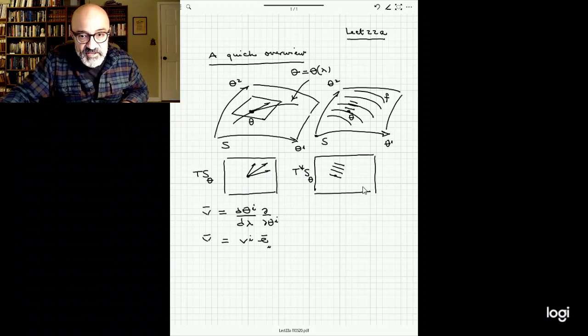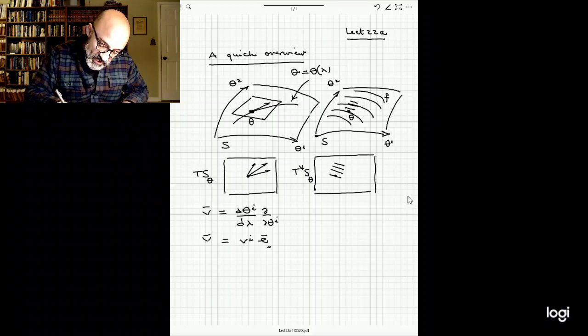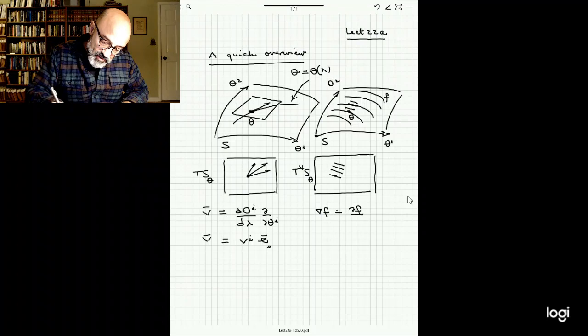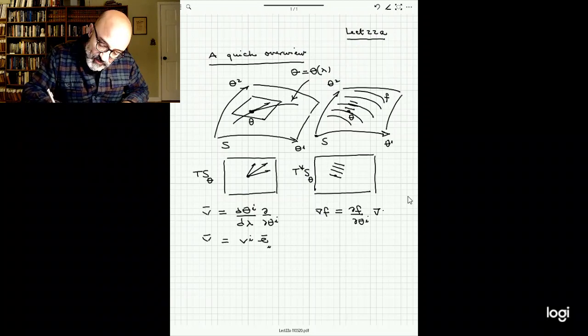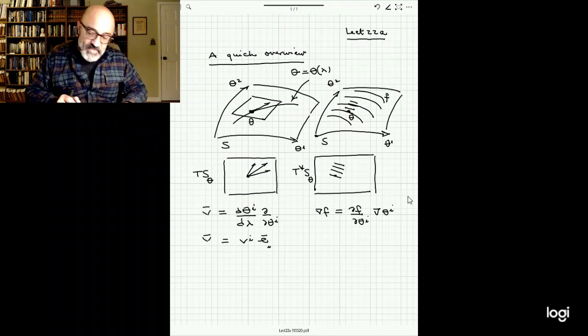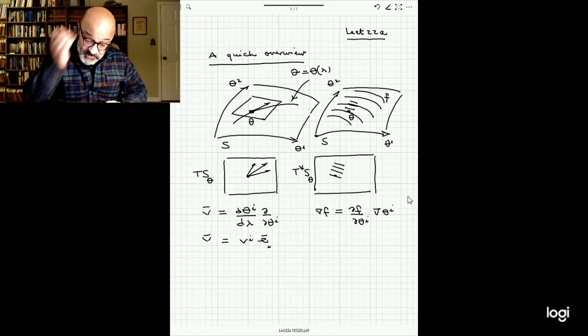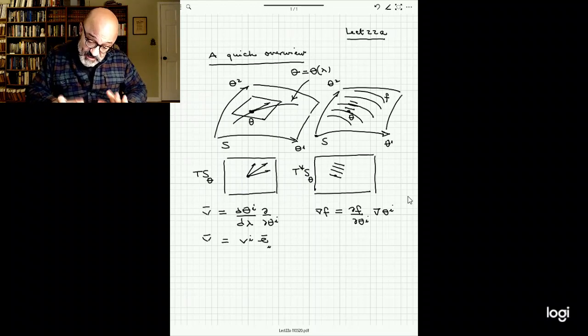Gradients can be written in basically the same way. The gradient of f is going to be given by its components, and the basis gradients are going to be the gradients of the coordinates.